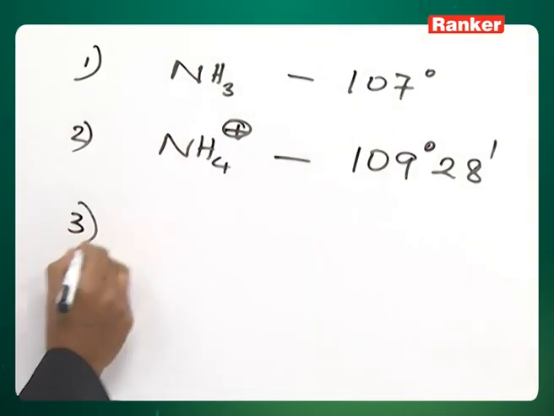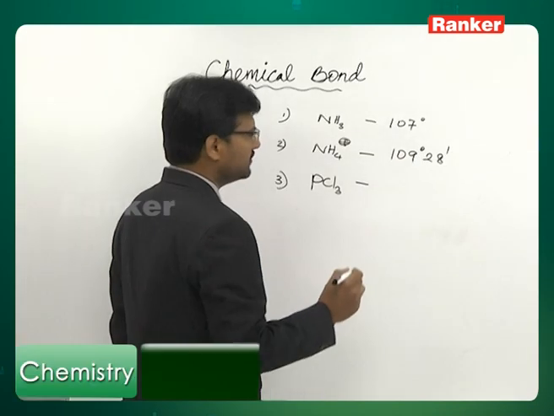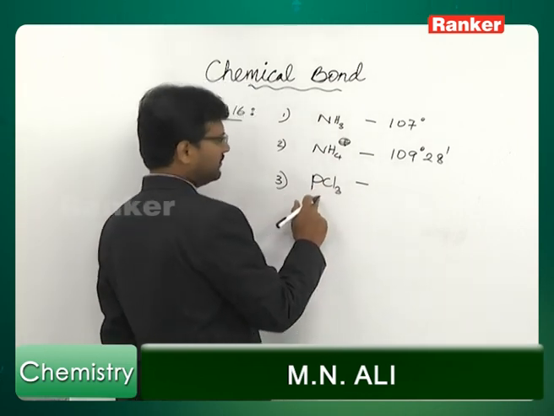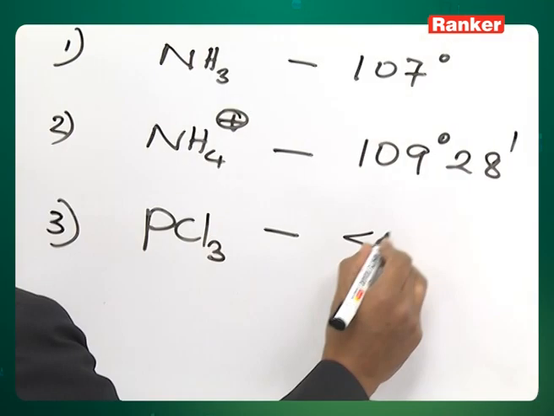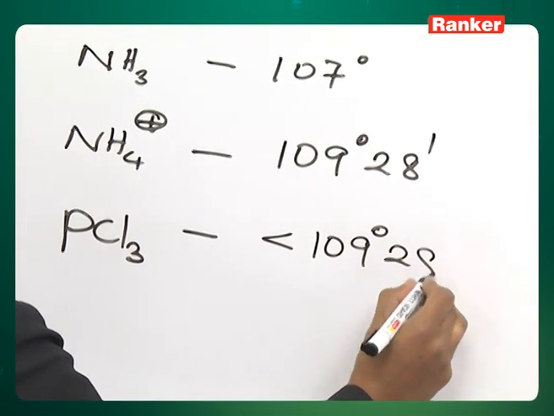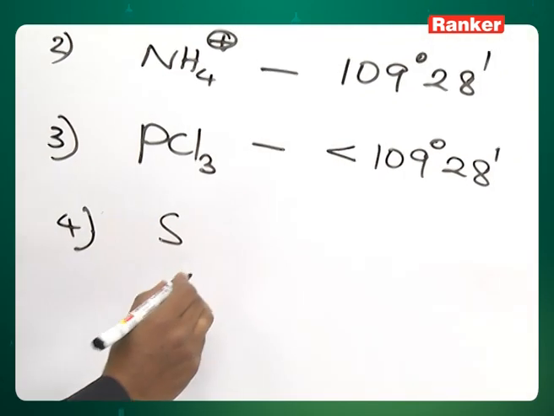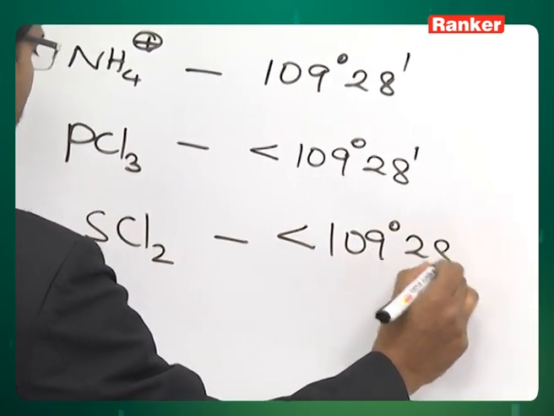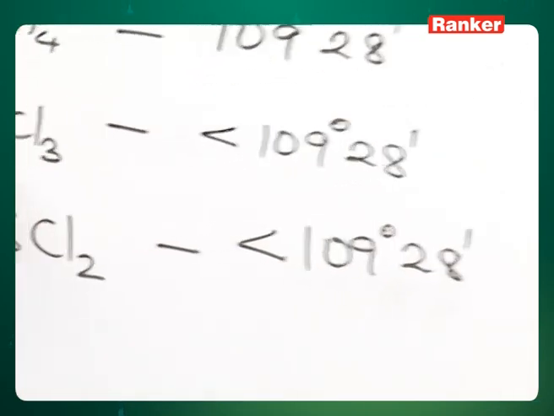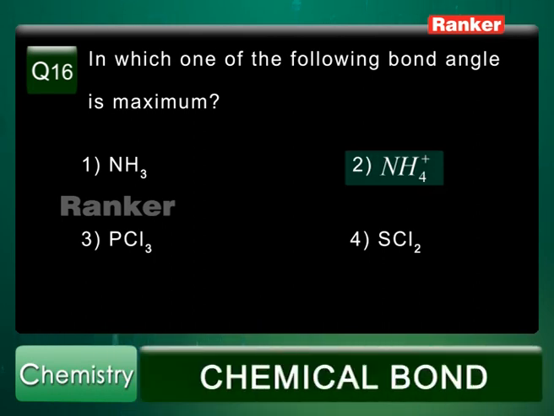PCl3: due to large size of phosphorus, the bond angle is lesser. SCl2: this is also less than 109 degrees 28 minutes because of 2 lone pairs on sulfur. This has got 1 lone pair, this has got 2 lone pairs. So the correct answer is second option. NH4 plus has the exact tetrahedral angle 109 degrees 28 minutes.